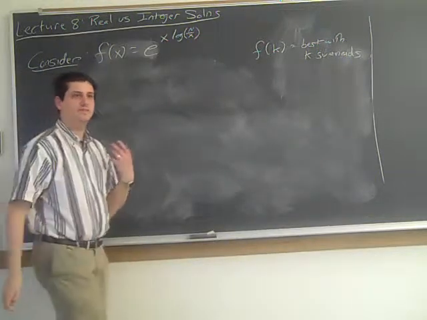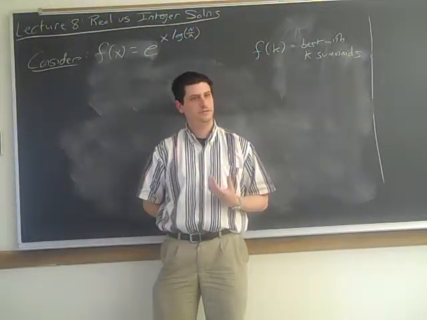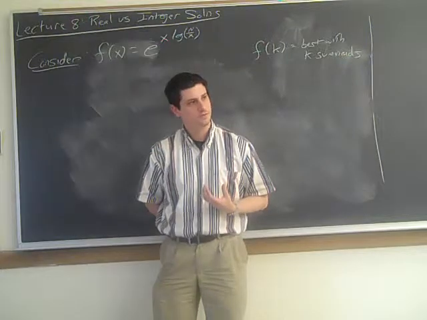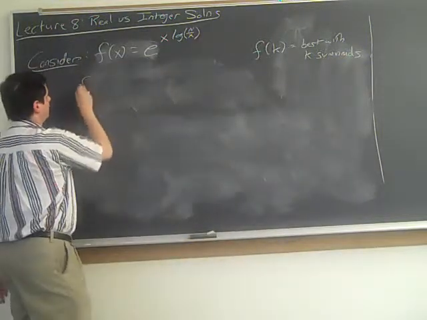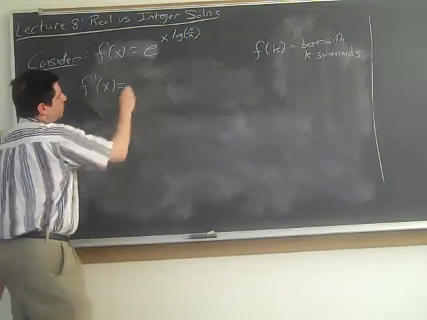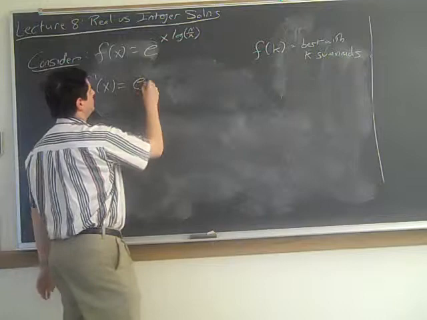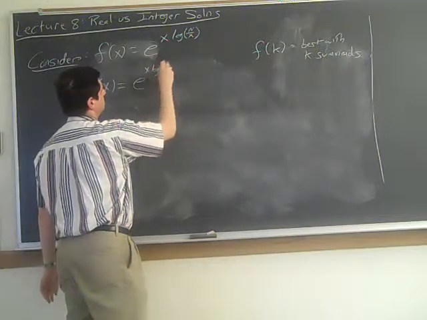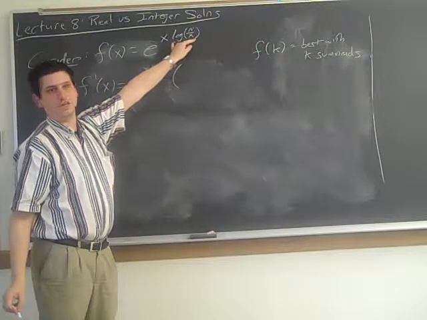If you want to get information about a function, what's another function that can help? The derivative. So let's calculate f prime of x. Well, we have f of x is an exponential, so the derivative is just the exponential again. And now we take the derivative of the exponent.